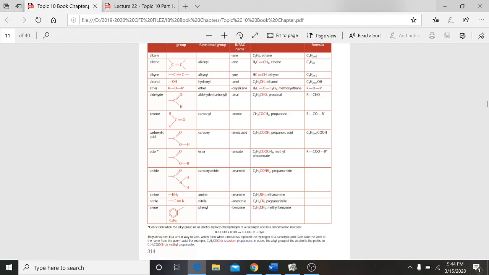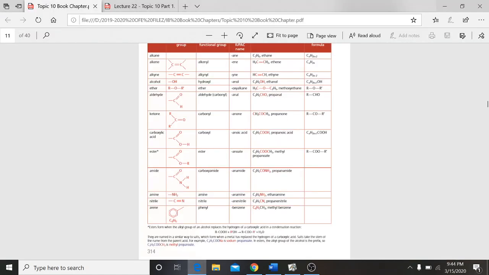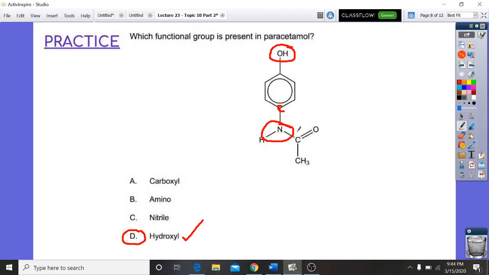We have an amide, an amine, and a nitrile. But for the nitrile, the N has to be triple bonded to the C. Is that the case here? No. We have a C bonded to an N, which is bonded to an H and then bonded to a carbon that is part of a phenyl group, so no. The other one is something with an NH2 group. Again, there is no NH2.